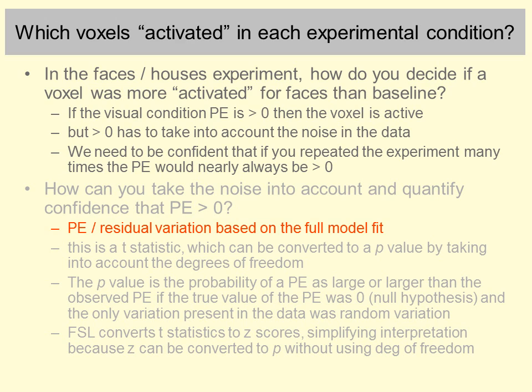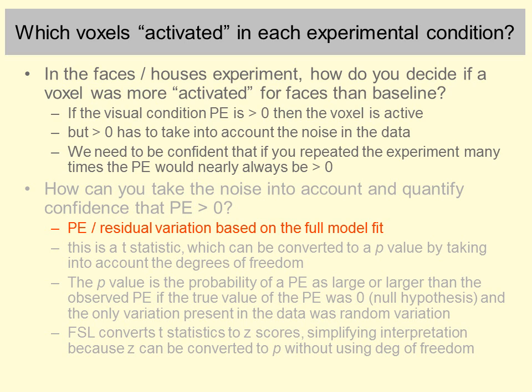Or more precisely, we test a null hypothesis, don't we? We test the null hypothesis that the actual parameter estimate in that voxel at that part of the brain for faces in the whole population is actually on average 0, and we calculate the probability that the parameter estimate we got in our sample, which is greater than 0, could have occurred just by random sampling effects from a population where the mean parameter estimate is 0 with some variation around it.